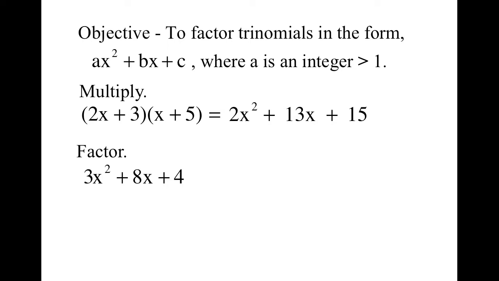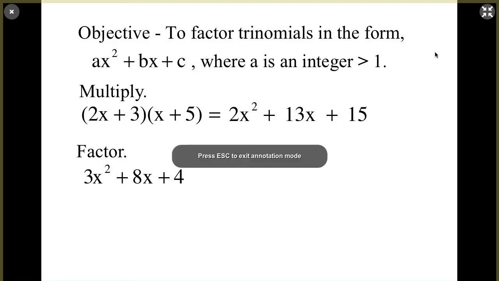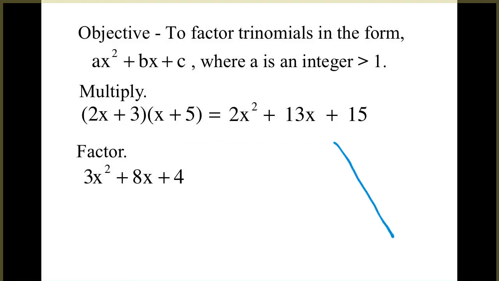So let's start with 3x squared plus 8x plus 4. When I'm working with a quadratic like this, the first thing we're going to do is make our x marks a spot. But I'm going to multiply my lead coefficient 3 and my 4, and what I get is a 12. Now that is the product that I'm going to be looking for, a positive 12.